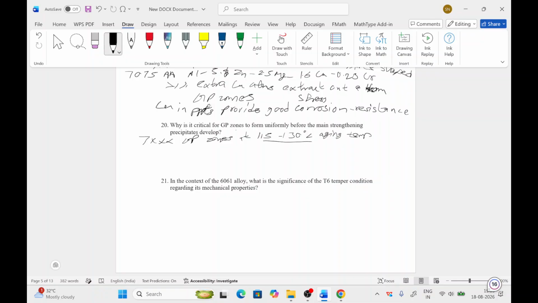This temperature provides sufficient undercooling to form homogeneous nucleation in the grain.